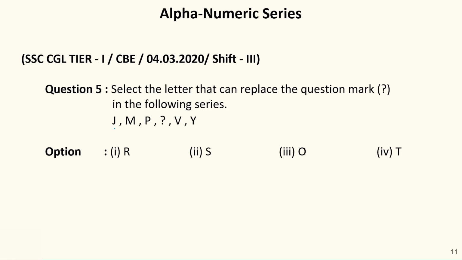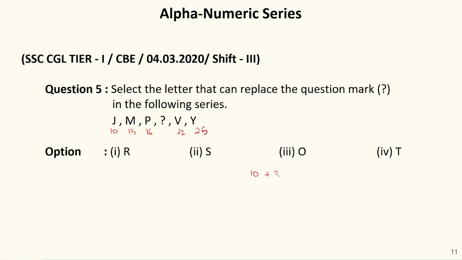Small series. J is positioned at 10. M is positioned at 13. P is positioned at 16. V is positioned at 22 and Y is positioned at 25. So I can very clearly see that we are going 3 steps forward.